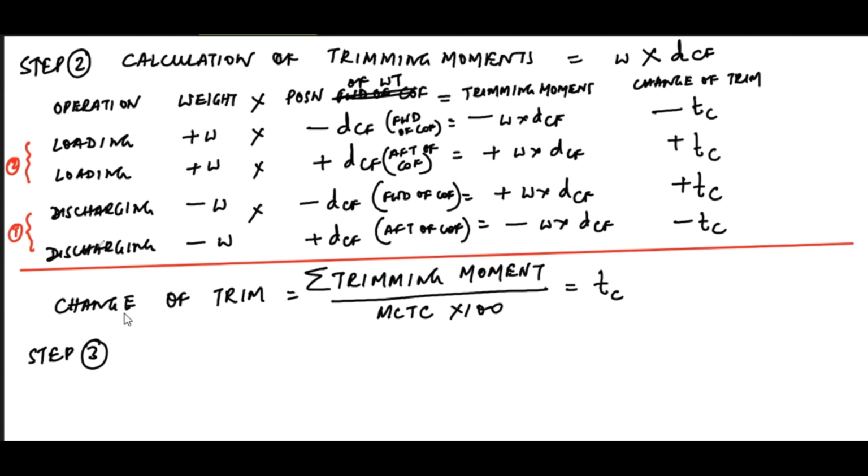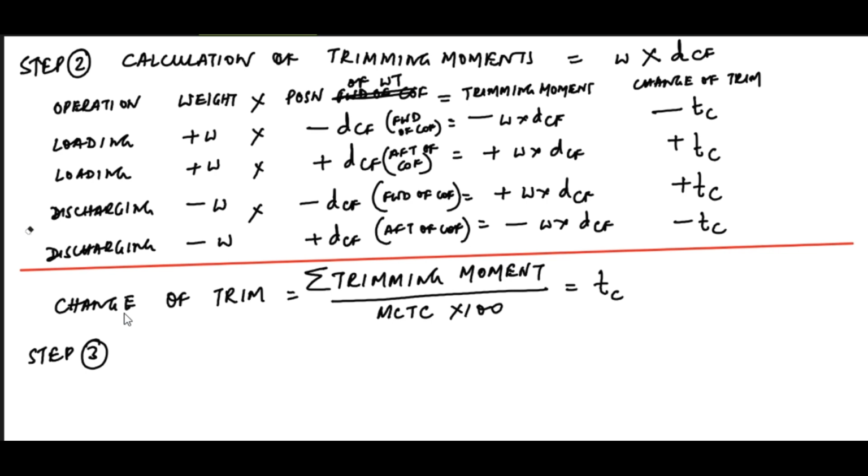But कई जगह कई समय ऐसा होता है कि instead of saying this, what they will give in the question is, let us say you are shifting a weight of 100 tons by a distance of so many meters. उसने बोल दिया 10 meters, 20 meters, 30 meters, 40 meters. Now, when the distance is given, then I really don't need to weight में plus minus डालने की जरूरत नहीं है कि नहीं?